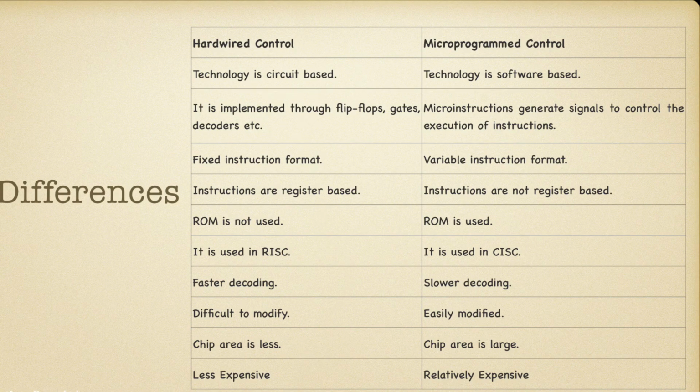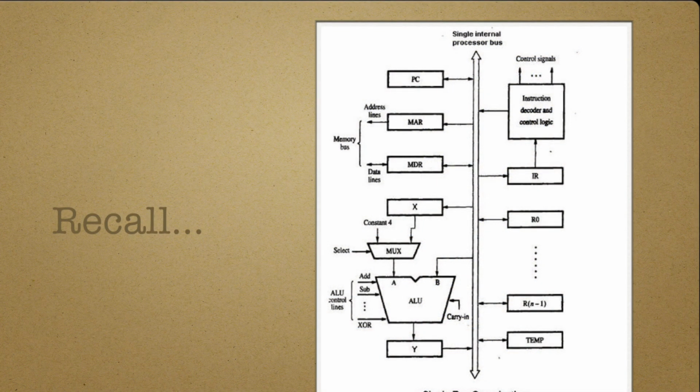Chip area is less in the hardware case, but chip area is large for the microprogram control. And when we manufacture this type of control unit, the hardware control is less expensive, but microprogram control is relatively expensive.